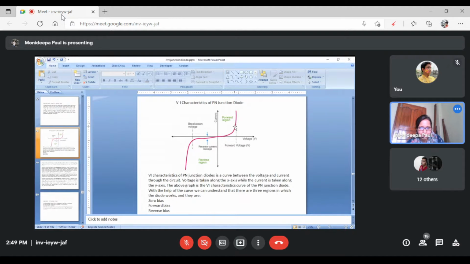shows the curve. After a certain time, you see the VI characteristic curve: if we increase the voltage, the current in the external circuit is directly proportional. Before some voltage, this value is very small.